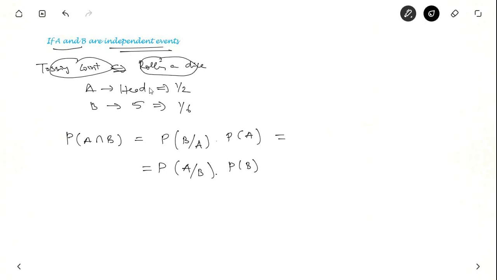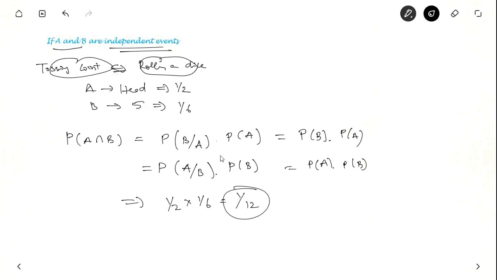Whether you roll head or tail, it doesn't matter; the dice will give you a different answer only. So this can be written as the probability of B into the probability of A, and this also becomes the probability of A into the probability of B, which is 1 by 2 into 1 by 6, equal to 1 by 12. So if there are two independent events, the probability of B given A becomes the probability of B. This is one thing to keep in mind.